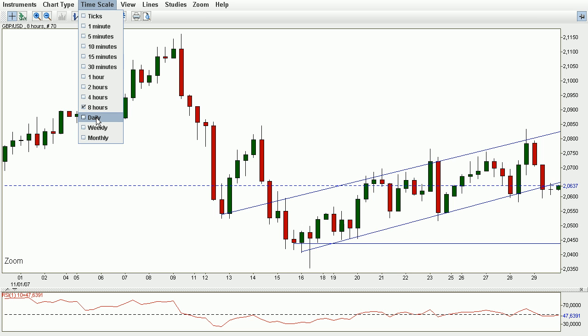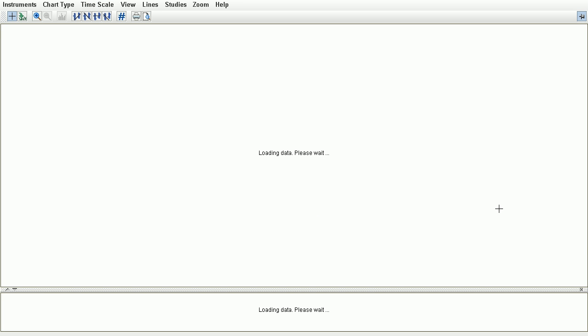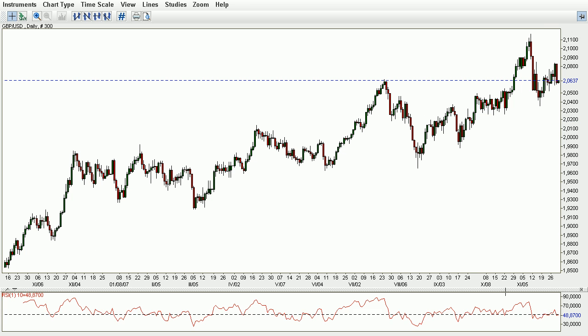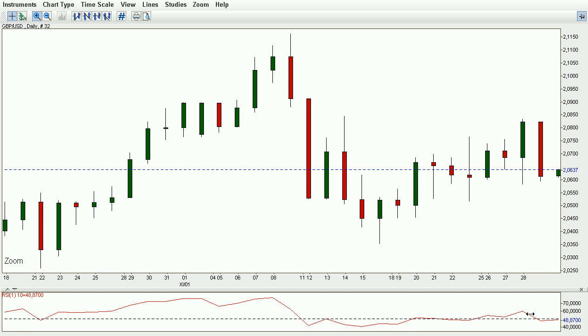So if we go to the daily chart, we might see that the relative strength indicator has again closed below the 50 line, which is again a bearish signal. We have a large bearish candle, which is fully covering the previous green candle, another bearish confirmation.